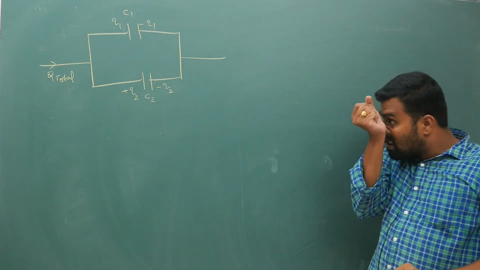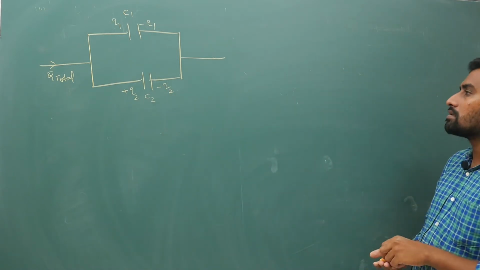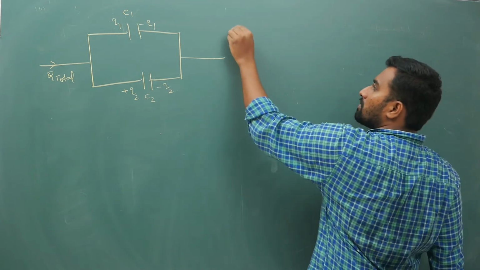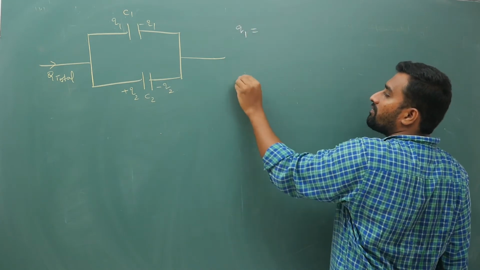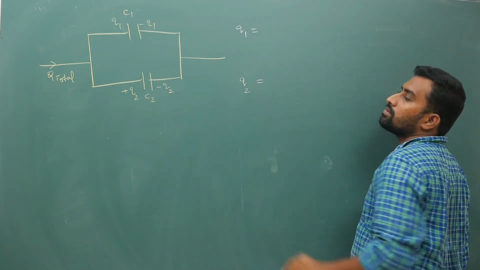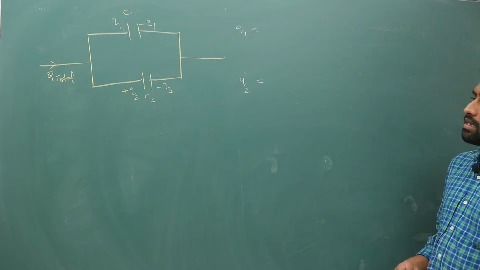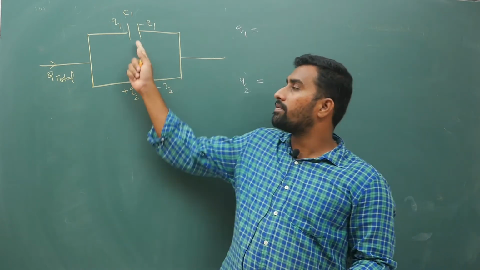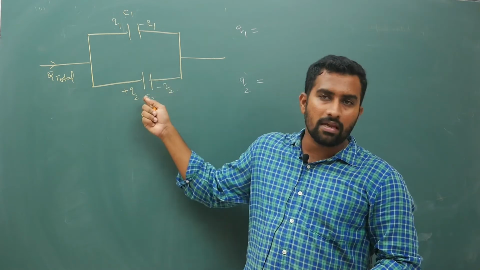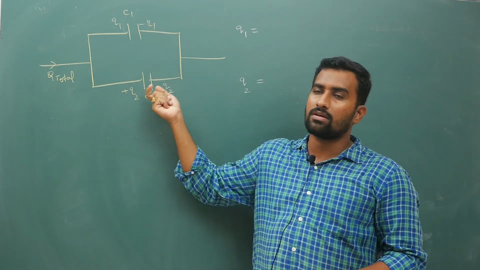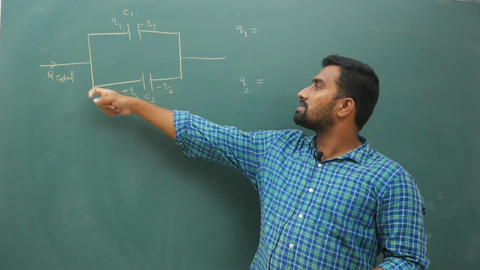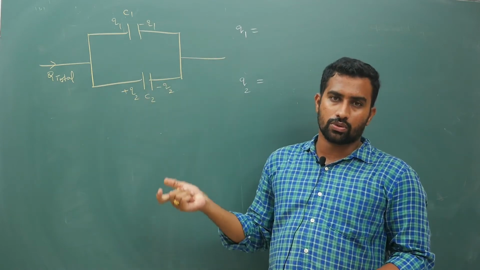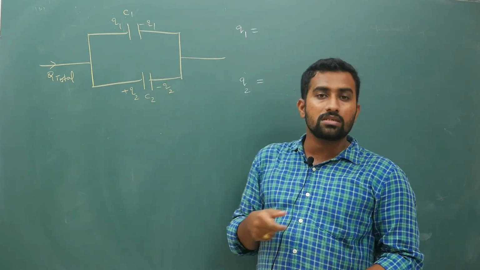Now what you are supposed to do is express your Q1 in terms of Q total and C1, express Q2 in terms of Q total and C1. Why I am doing this, I will tell you. Because in the previous question, whenever you have parallel capacitors, you can replace with equivalent, find charge on the equivalent and then divide this charge in terms of the ratios. To do that, you should know this result first.